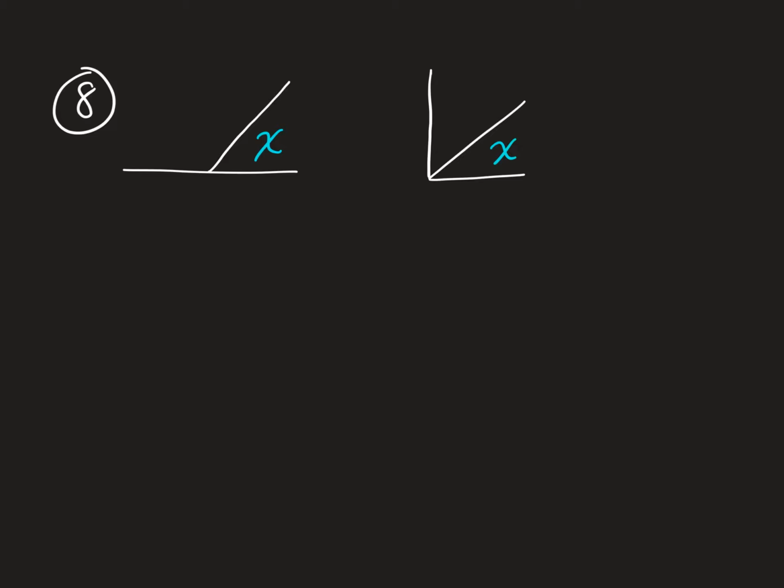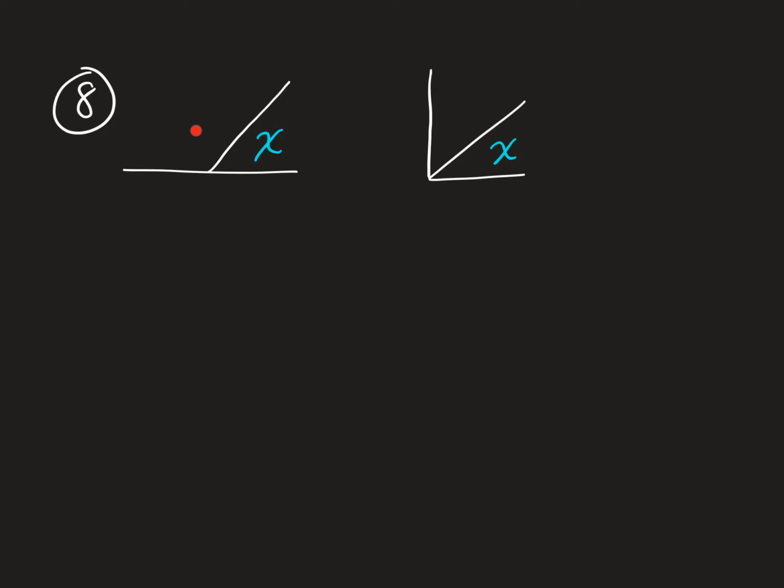Now we have that first pair of angles, which is our supplementary pair of angles. I'm told that the supplement of this angle, well, that's referring to this angle over here, is 24 degrees greater in measure than twice the complement of the angle. Well, that's interesting, right?